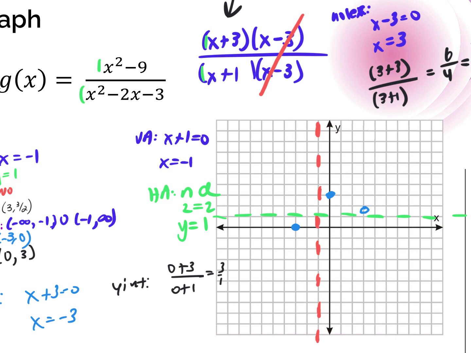Now, on your calculator, can you visibly see the hole, the way that your window is set right now? Can you guys see the hole? No, I can't see it. It's because you're so far zoomed out.